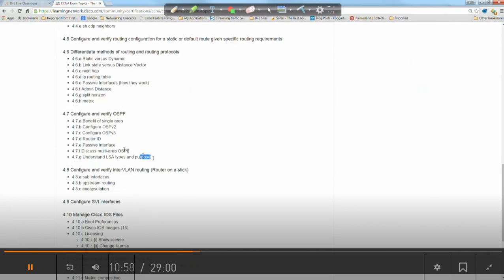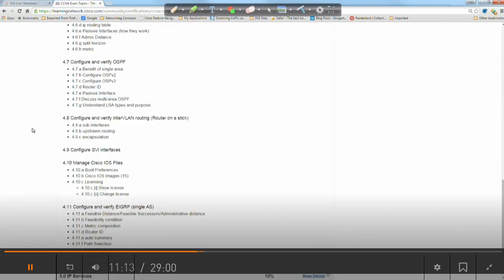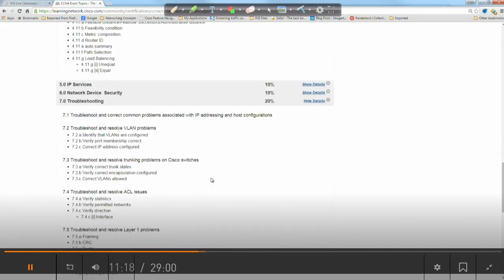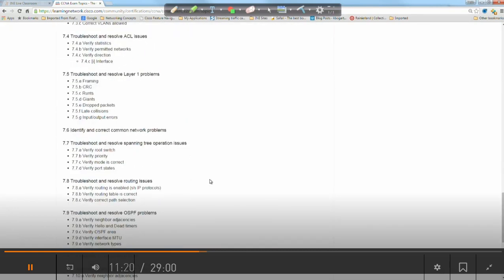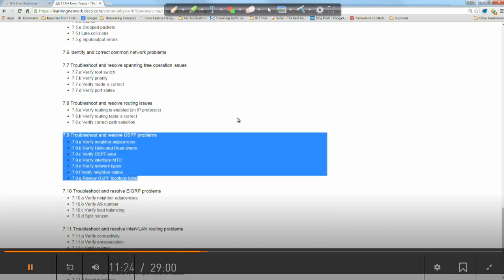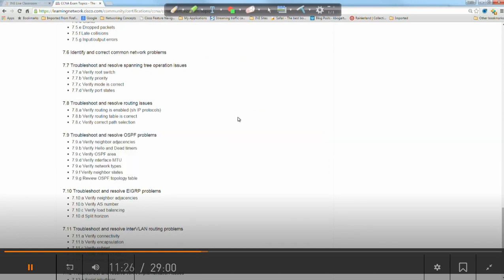All right, here's our OSPF section right here. Configure V2, V3, router IDs, passive interface, discuss multi-area, understand LSA types. Okay, so that's configure and verify. And then under troubleshooting, here's what they expect you to know as far as troubleshooting is concerned. So, that's what we're doing right now.